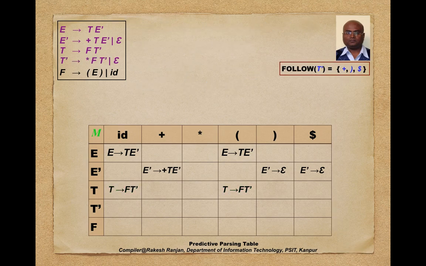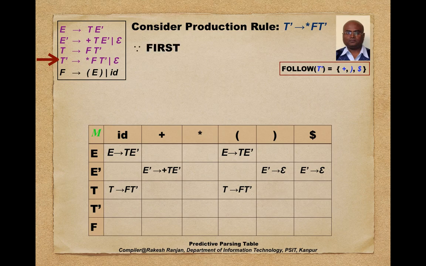Now we will consider the next production rule, T dash arrow multiplication FT dash, and first of multiplication FT dash is multiplication. So at T dash and multiplication the production rule will be placed, that is T dash arrow asterisk FT dash.